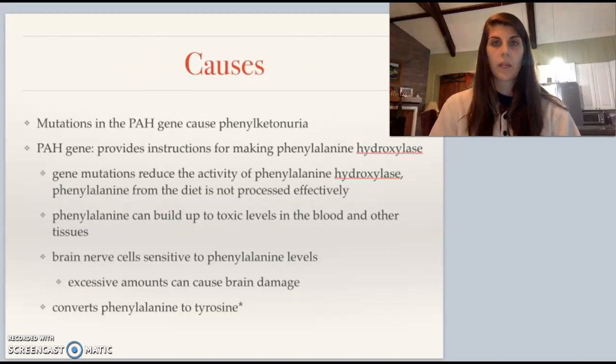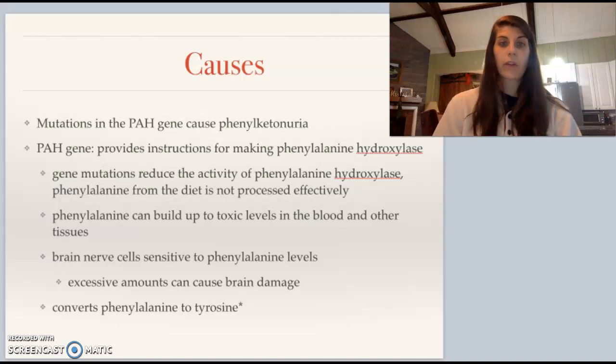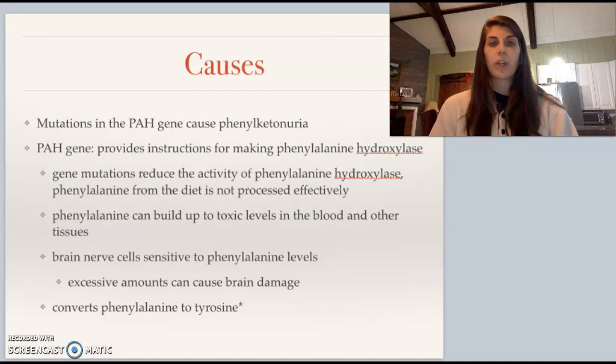So PKU occurs due to mutations in the phenylalanine hydroxylase gene. And this gene provides instructions for making phenylalanine hydroxylase. And this enzyme is required for the conversion of phenylalanine to tyrosine. So when there's a gene mutation, it's going to reduce the activity of the phenylalanine hydroxylase. And that means that the phenylalanine from the diet is not processed effectively.